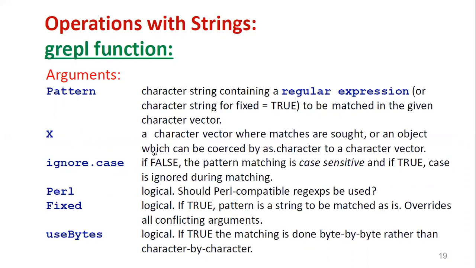Then ignore.case, which is logical: if FALSE, the pattern matching is case sensitive, and if TRUE, case is ignored during matching. perl is logical: should Perl-compatible regular expressions be used? fixed is also logical: if TRUE, pattern is a string to be matched as is, overriding all conflicting arguments. Then useBytes is also logical: if TRUE, the matching is done byte by byte rather than character by character. These are all the argument explanations.